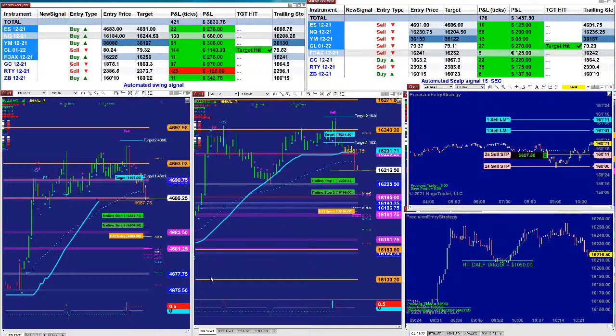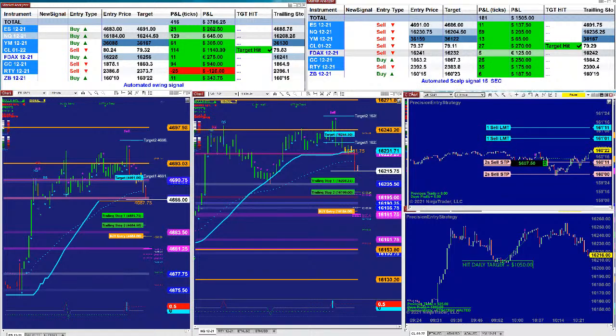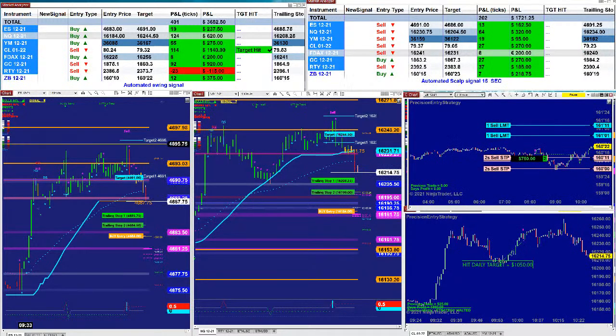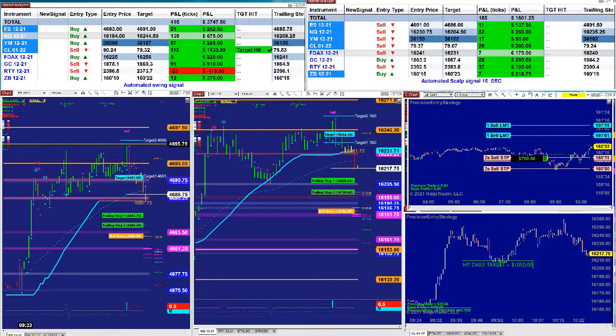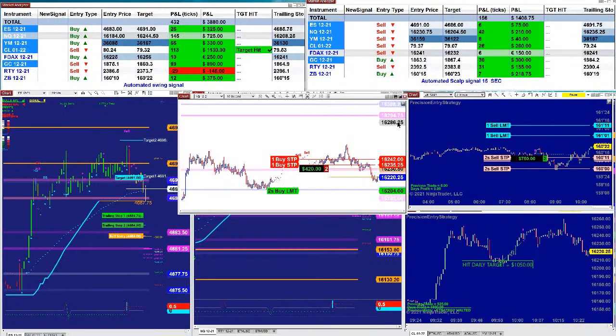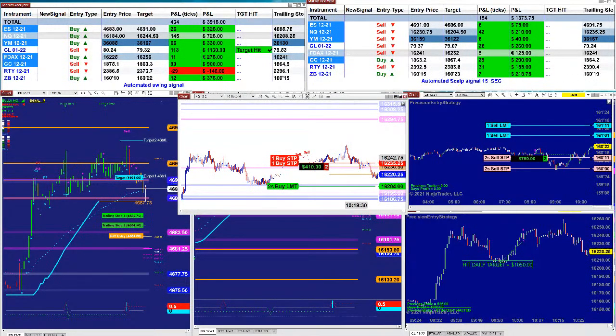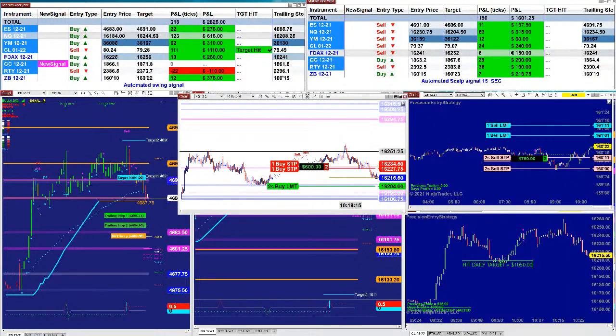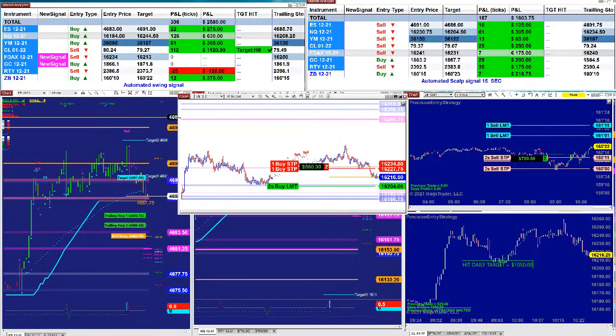On the market analyzer, this is the 15-second market analyzer. These are the trades from the market analyzer based on the 15-second, which has not even broken even. Now it did.